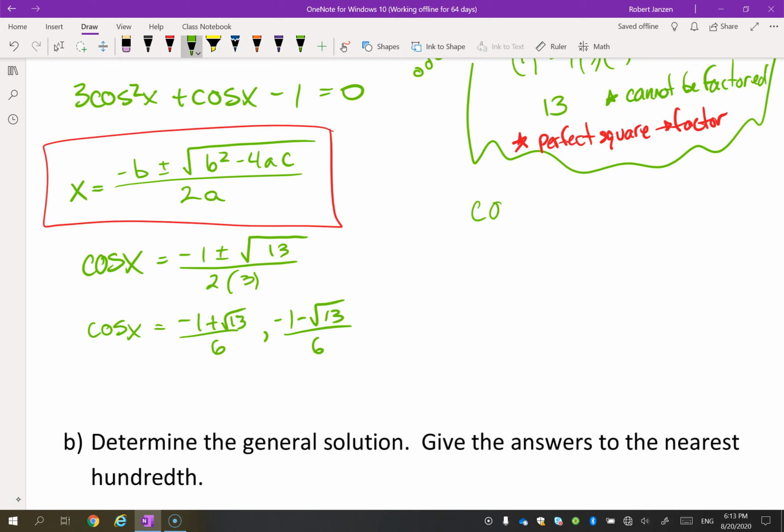Okay, so let's figure out what the first one is. So you're going to have negative 1 plus the root of 13.